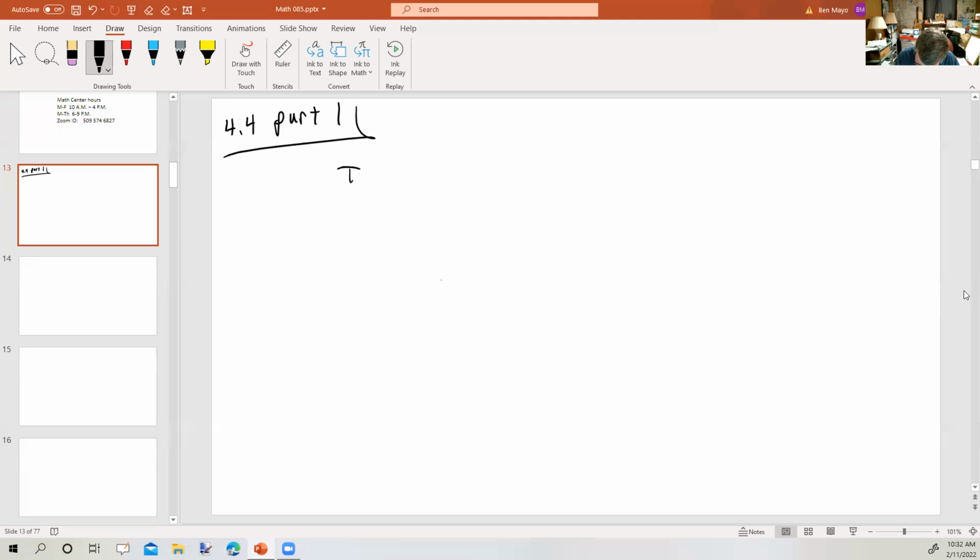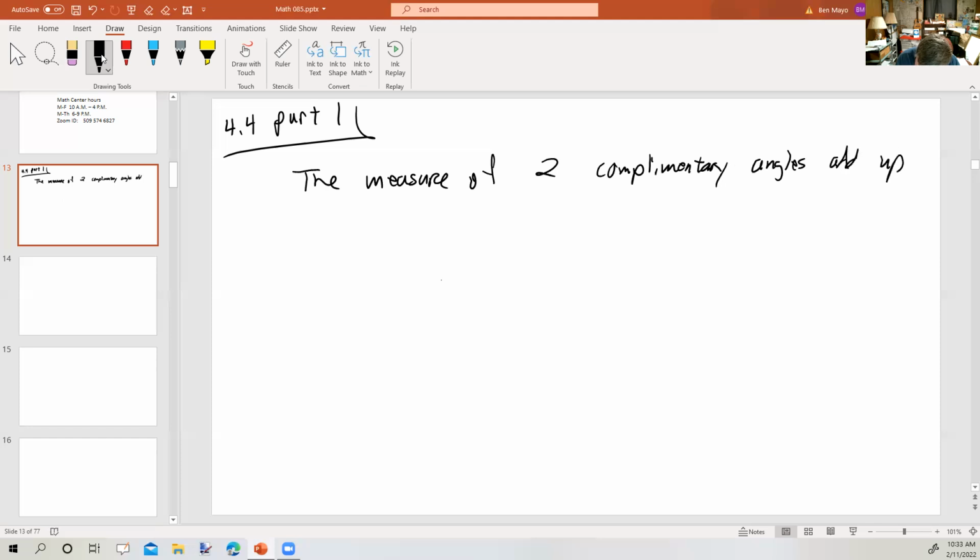So let's say this: the measure of 2 complementary angles adds up to 90 degrees. And while we're at it, the measure of 2 supplementary angles, does that have 2 P's?